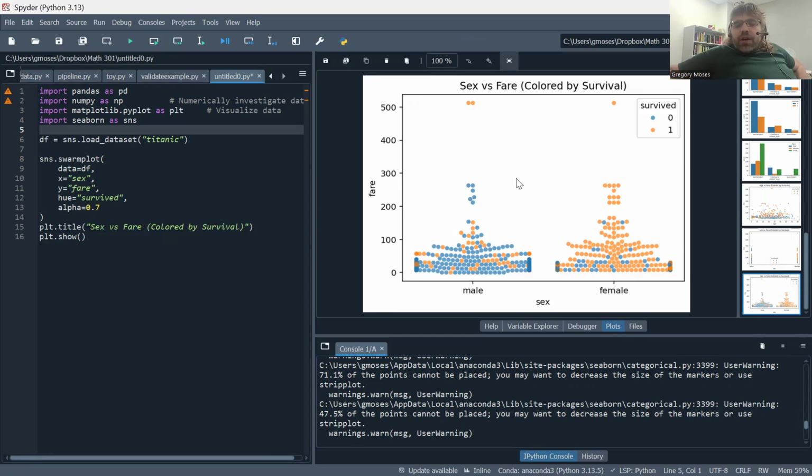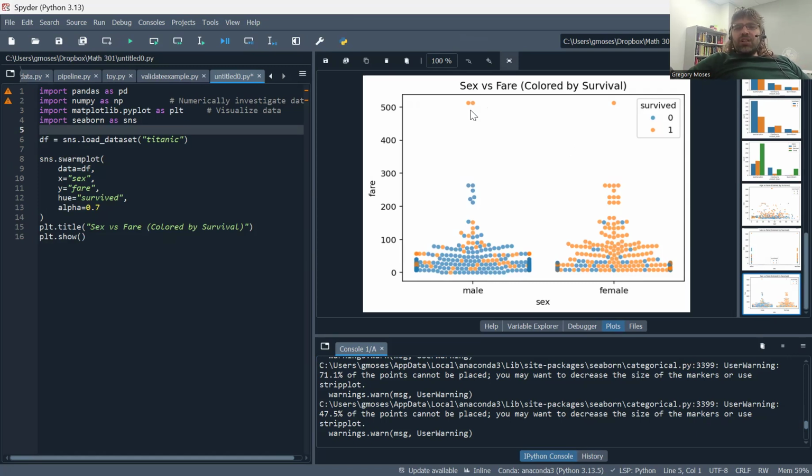And as far as clusters go, something immediately appears. I've suggested, or I guess popular culture has suggested, and the data has maybe sort of suggested that wealthier people survived at a higher rate than lower class passengers.